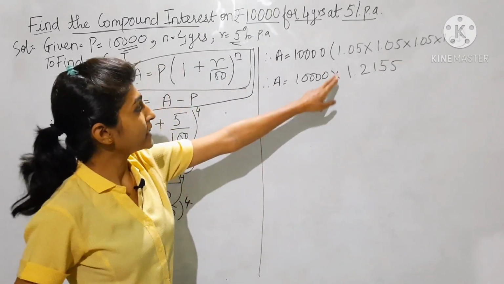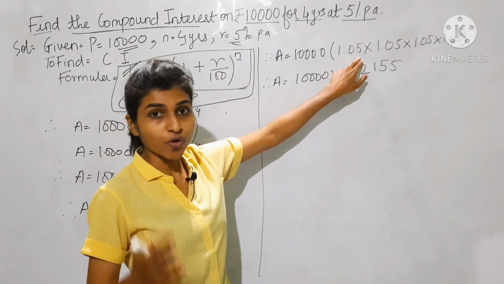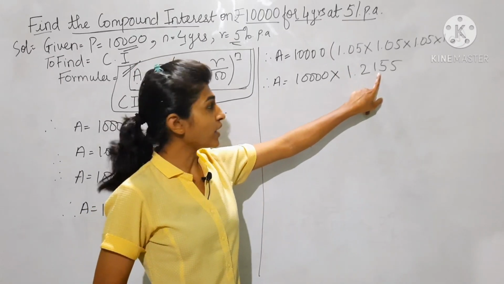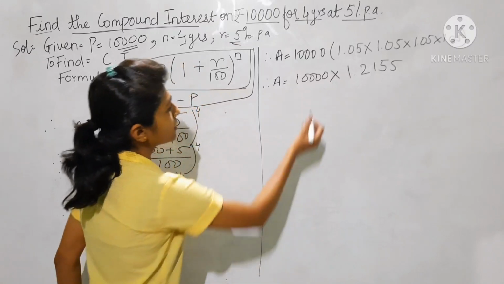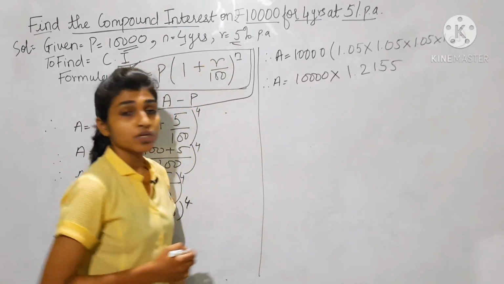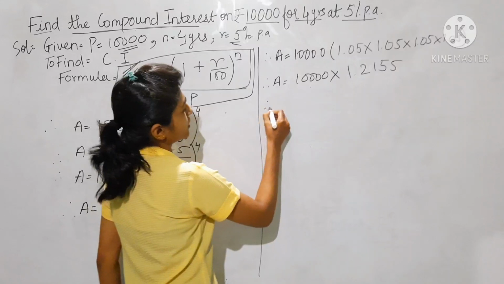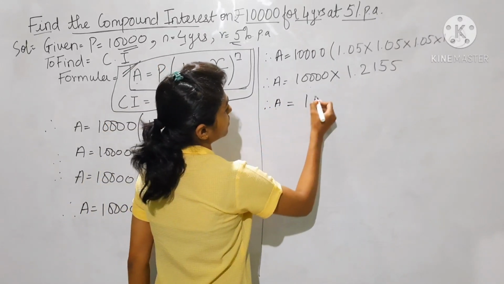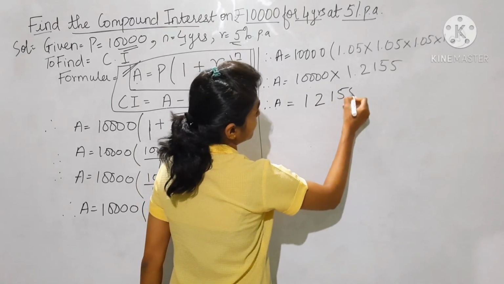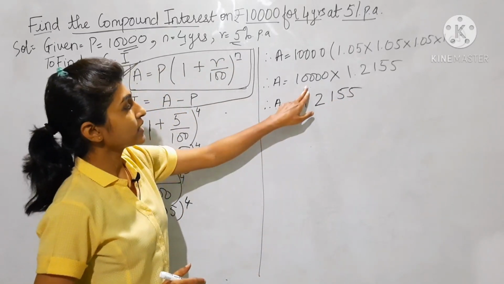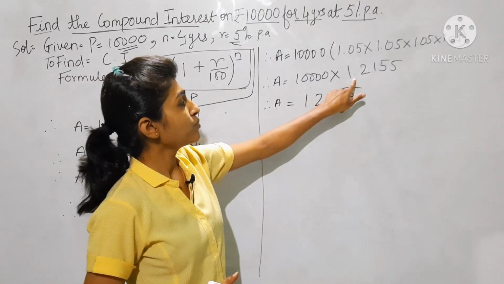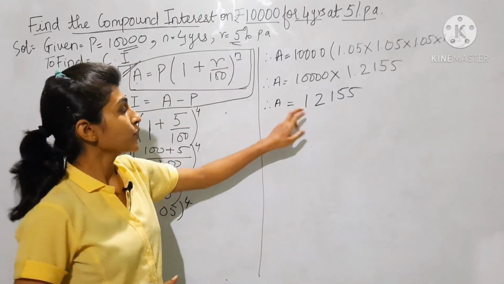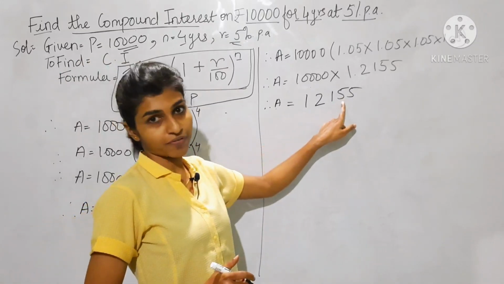Then 10,000 into 1.2155, the answer will be A equals 12155. Okay, so 10,000 multiplied by 1.2155, the answer you will get is 12155.